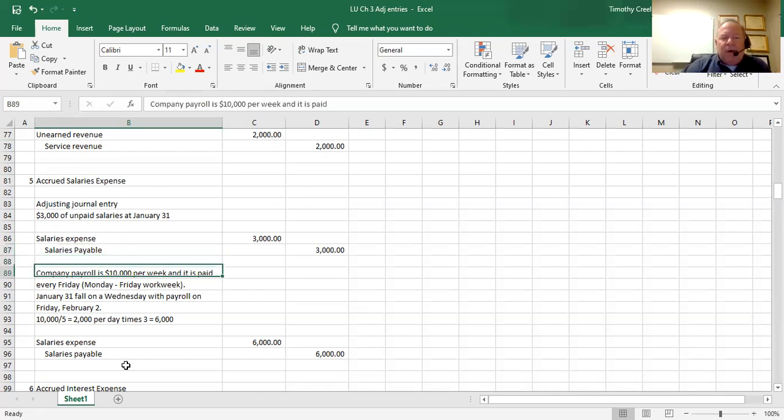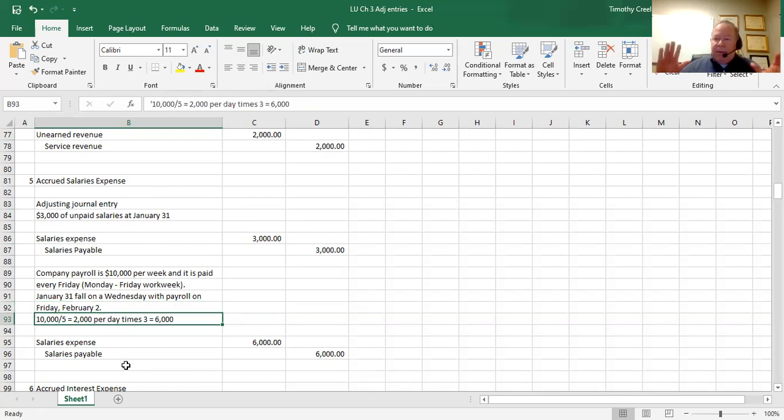Now, another way you might see this is company payroll is $10,000 per week and it's paid every Friday, a Monday through Friday work week, so 5 days. January 31st falls on a Wednesday, with a payroll on Friday, February the 2nd. To determine your adjusting entry, you would take the weekly payroll, 10,000, divide it by 5 days, and you'd get 2,000 per day.